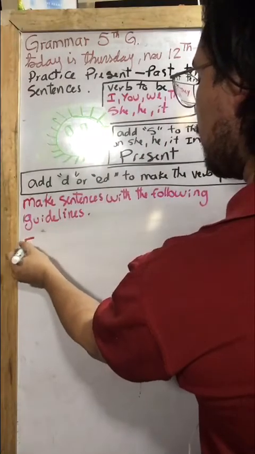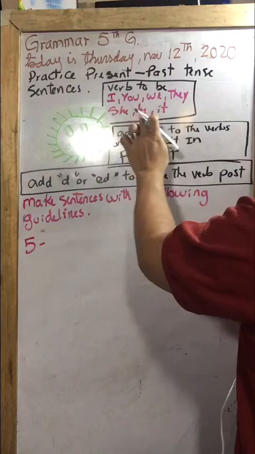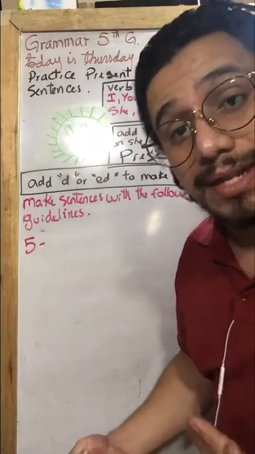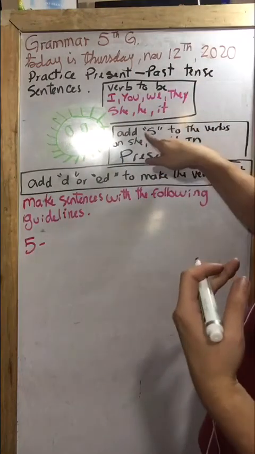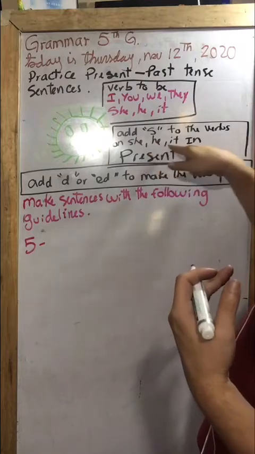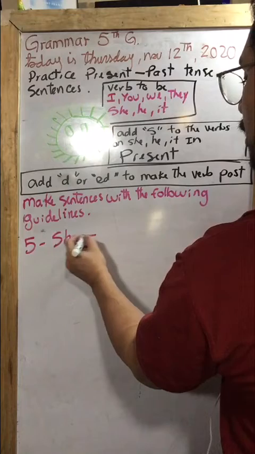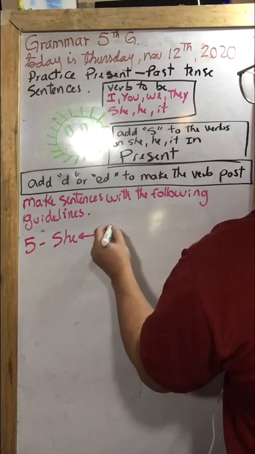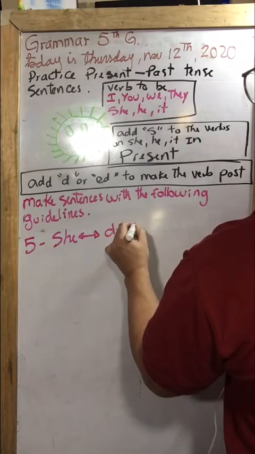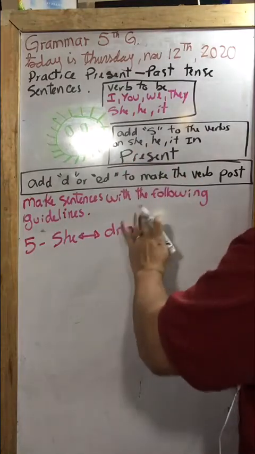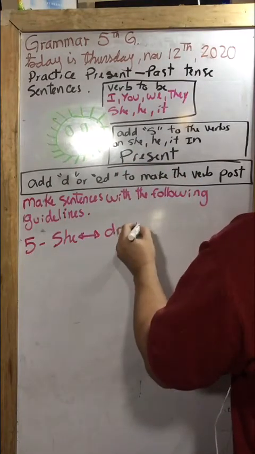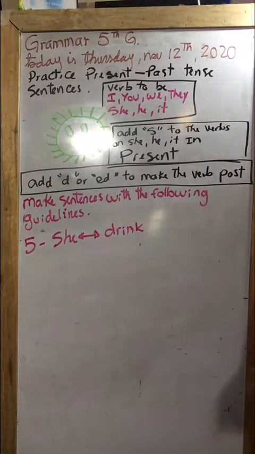Five, with she, he, it. Finally, we made it to the third person. Remember, for present, she, he, and it, you have to add s. So I have she and then drink. Now, the past form of drink, this one is an irregular.